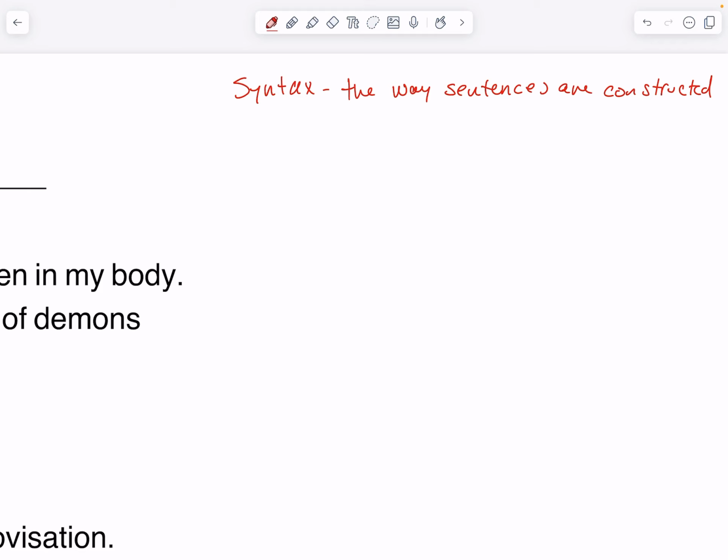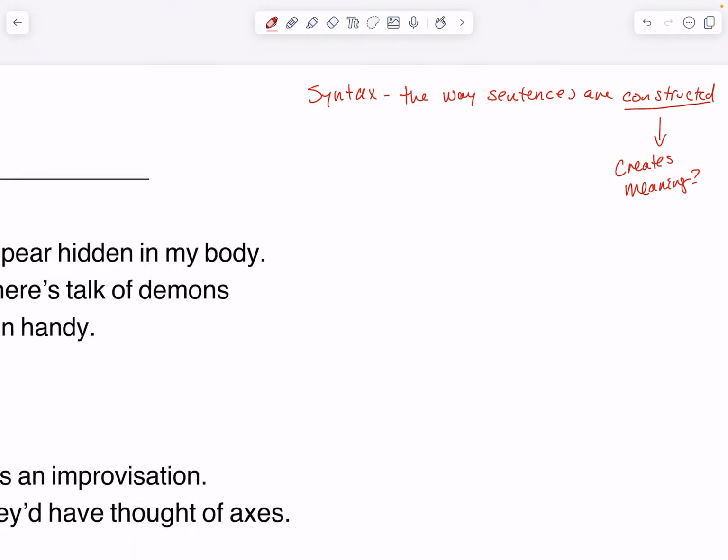Okay, so it's a simple definition, but at first it can be pretty difficult for students to understand how the construction of sentences creates meaning. But hopefully this video will help iron out any confusing thoughts that you may have.